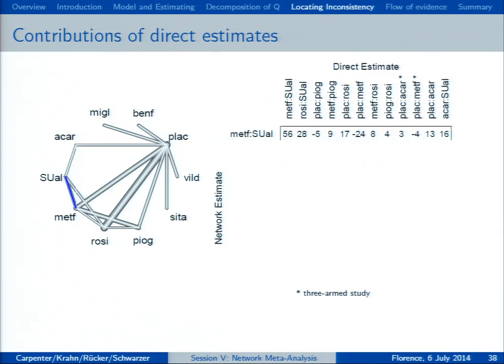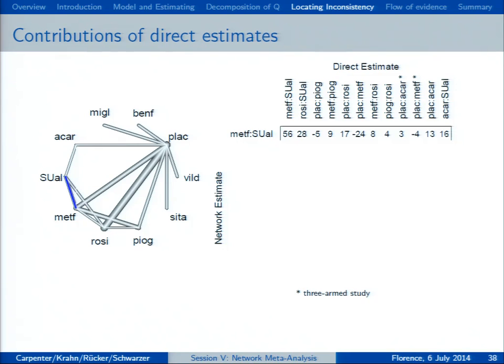We know this from classical meta-analysis, but here also the non-diagonal elements are important, since each network estimate, for example here METFSUAL, is a linear combination of all direct effect estimates here in the column. So the network estimate for this design is 56 times the direct effect estimate of this design, plus 28 of the direct effect estimate of this design, and so on.